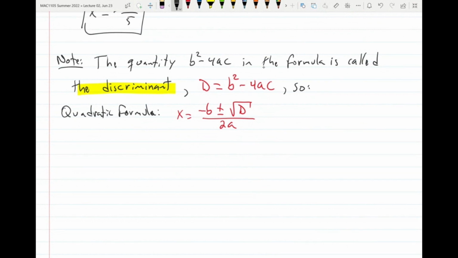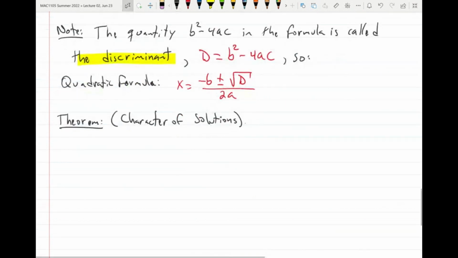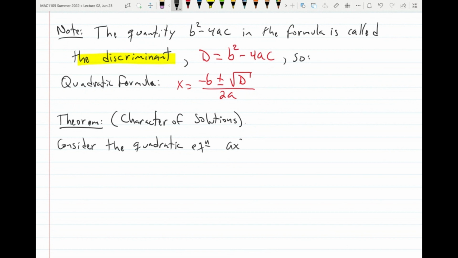So I guess a little theorem, and this is the character of solutions. Consider the quadratic equation ax squared plus bx plus c equals 0, with a different than 0, of course, and let D be the discriminant, which is b squared minus 4ac.